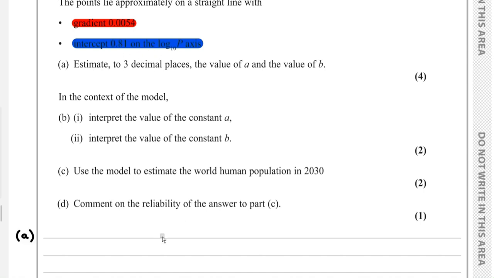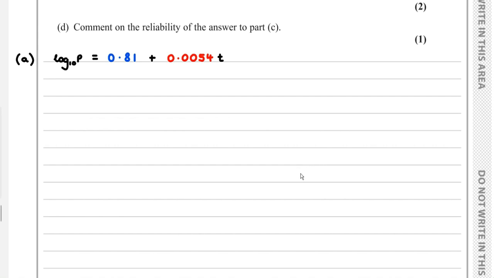So we've got log base 10 of p, which is essentially our y, equals 0.81, which is the y-intercept, plus 0.0054, which is the gradient, multiplied by t. So this equation is of the form y equals mx plus c. So if we anti-log both sides, we've got p equals 10 to the power of 0.81 plus 0.0054t.